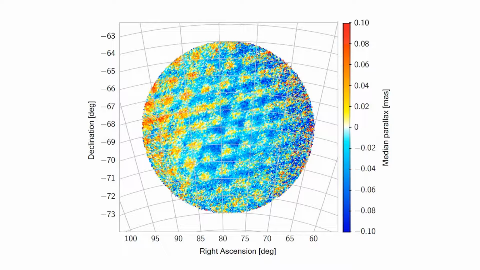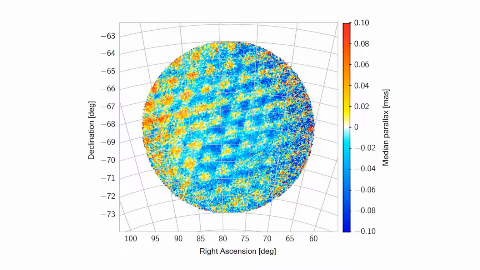But in addition, you see a clear pattern here. The characteristic scale of that pattern is 1 degree on the sky. And in these yellowish and bluish triangles, you see that the parallaxes of the measured LMC members, Large Magellanic Cloud stars, are predominantly positive in the yellowish triangles or predominantly negative in the bluish triangles.